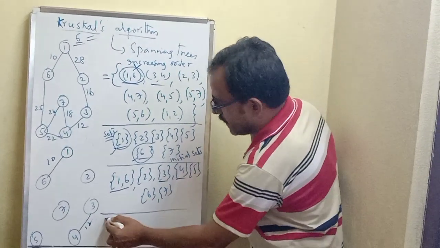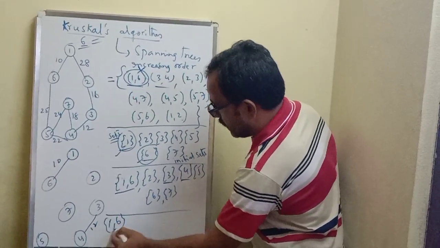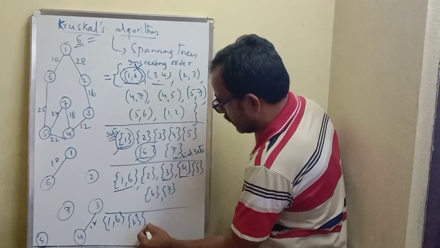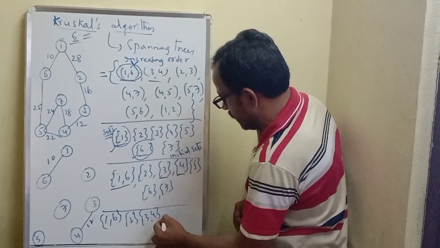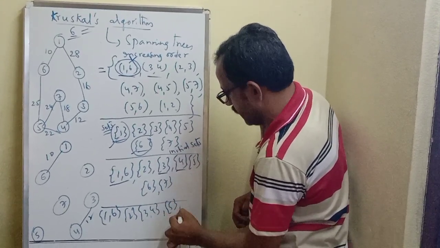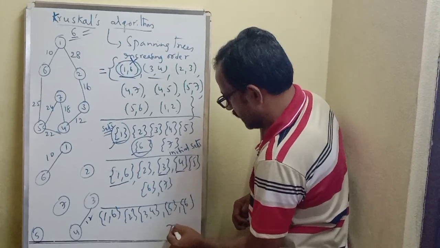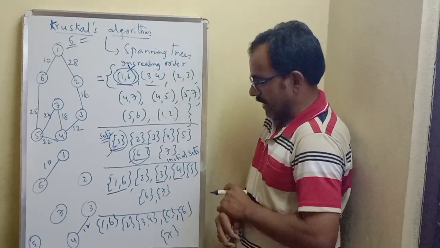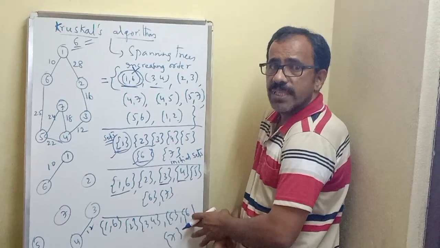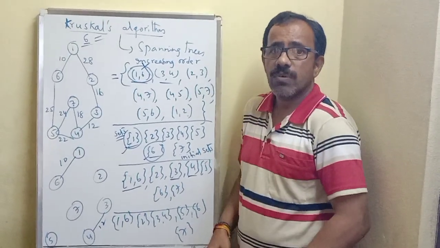Then immediately update the sets now. 1, 6 is one set, 2 is one set, 3, 4 is another set, 5 is one set, 6 is one set, and 7 is one set. So this is the updated set now.